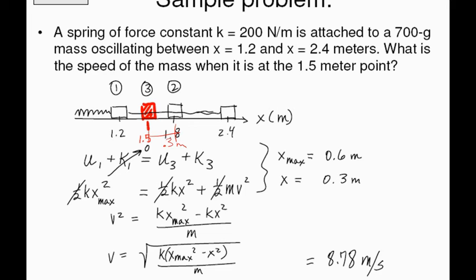You are trying to figure out what is the speed at that point. Well, you find your maximum. Your maximum is 1/2 kx squared, and that's equal to 1/2 kx squared at that position plus 1/2 mv squared. When you manipulate everything and plug and chug, you're going to end up getting 8.78 meters per second.